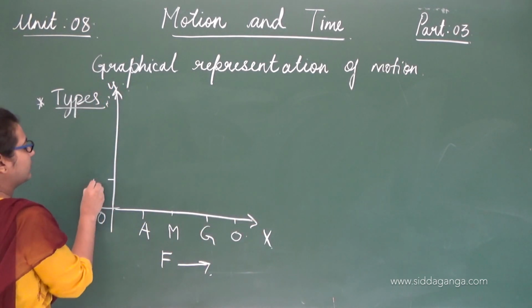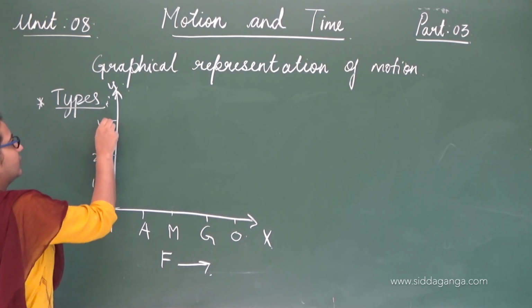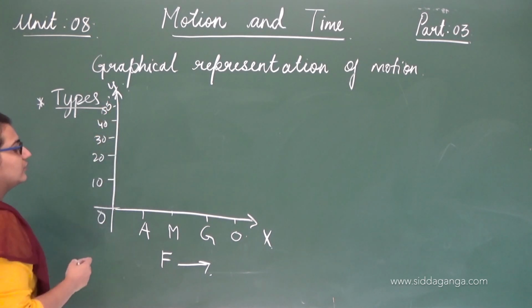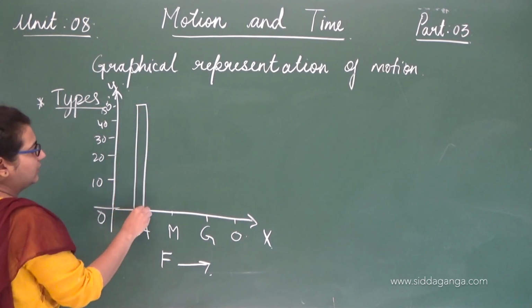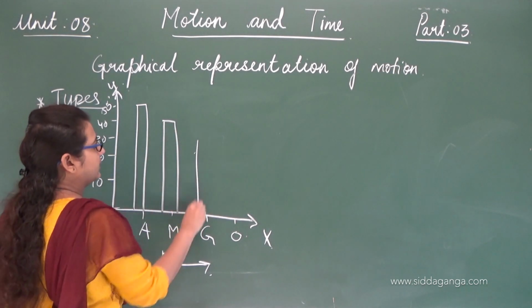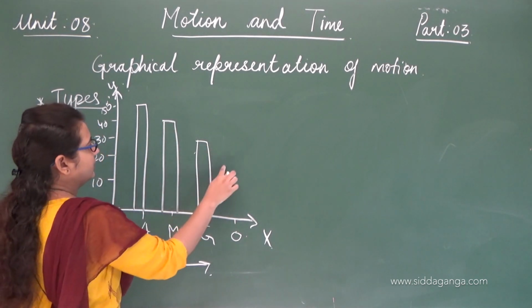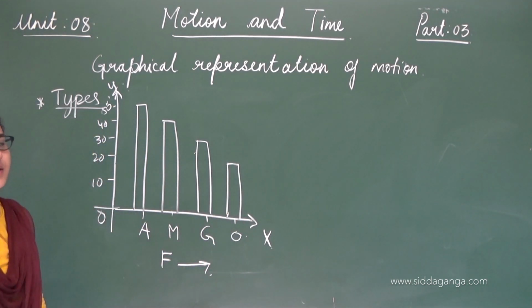The number of students is 10, 20, 30, 40 and 50. So 50 of the students like apple, 40 students like mango, 30 students like grapes, 20 students like oranges. So we are clear about this. This is the bar graph.